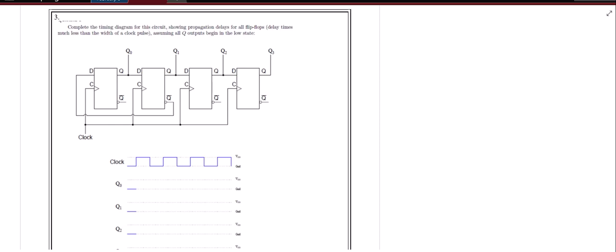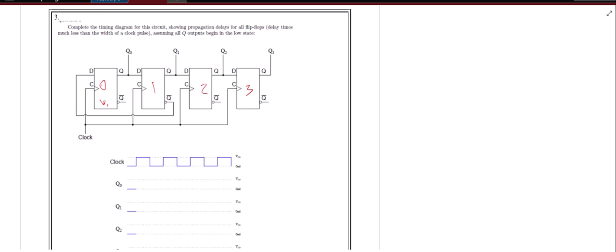All right. So this is 0, 1, 2, 3. And the input for register 0 is number 1 bar, the complement.